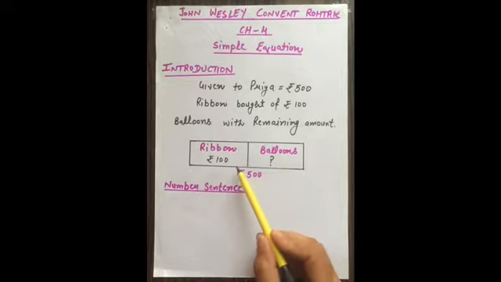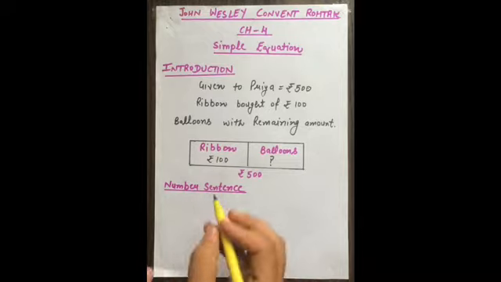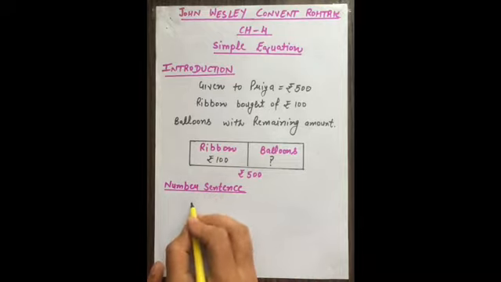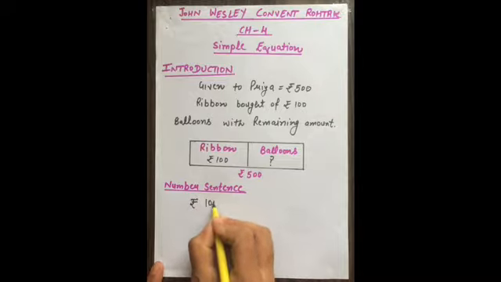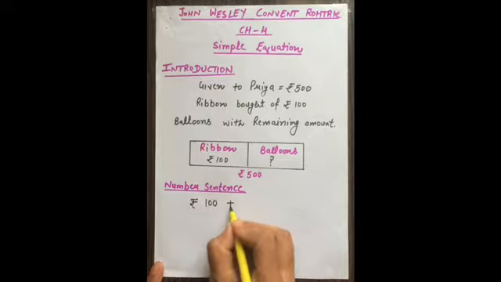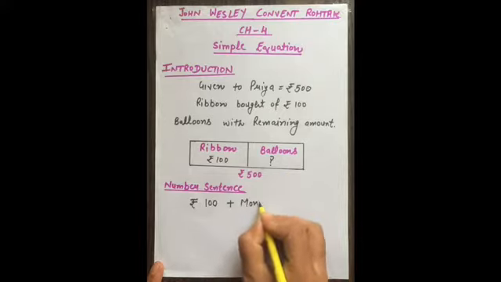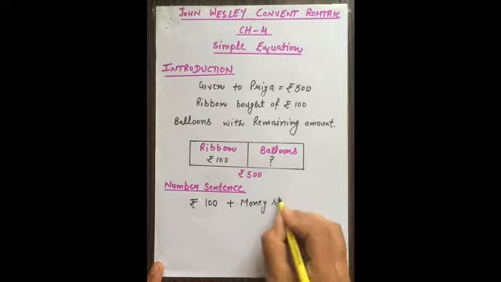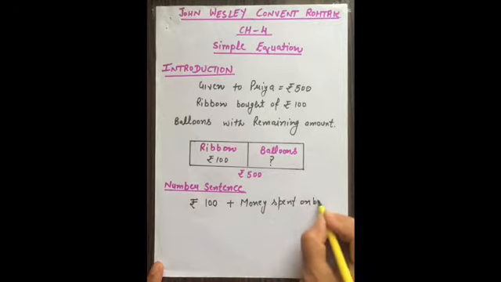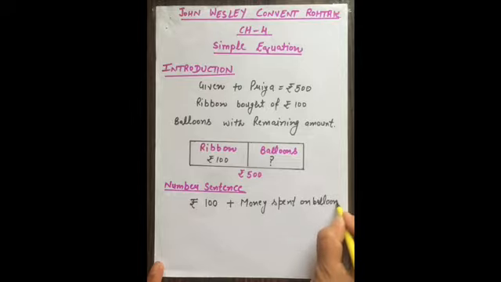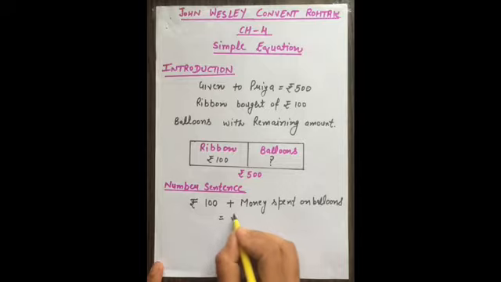We can frame a number sentence using this information: money spent on ribbon, that is rupees 100, plus money spent on balloons is equal to rupees 500.